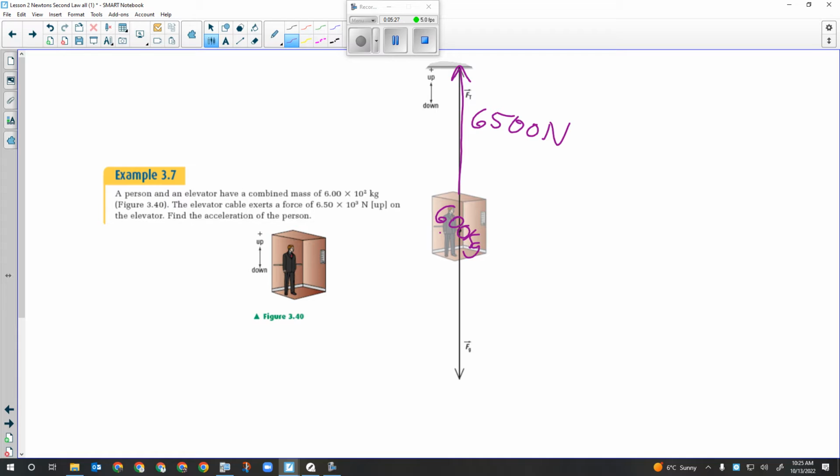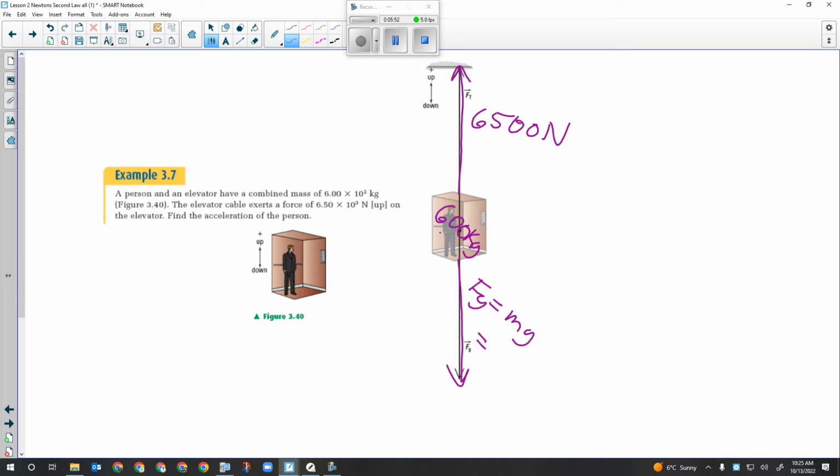I know that gravity is also acting downwards, but I don't know what its value is. Can I calculate it? Yes, I can, because I have mass, and I know what G is, because unless I'm told otherwise, I assume that this elevator is located on Earth, and that G is 9.81. It's usually a safe assumption.